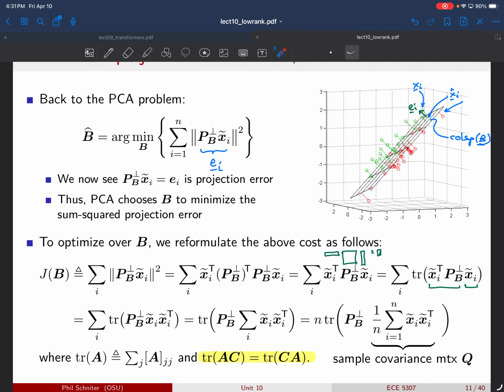And now because the trace is a linear operator, the sum of the trace is the same as the trace of the sum. And so we can move the sum inside, and we can actually move the sum through this PB because matrix multiplication is also linear. And finally, we get the sum of these outer products. So this is like a column times row, which, as we know, is a whole matrix.